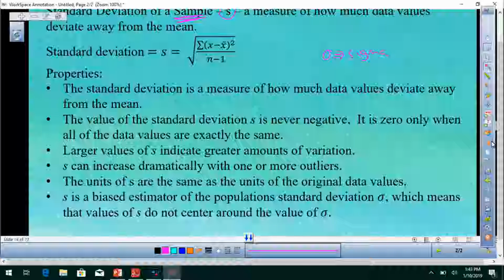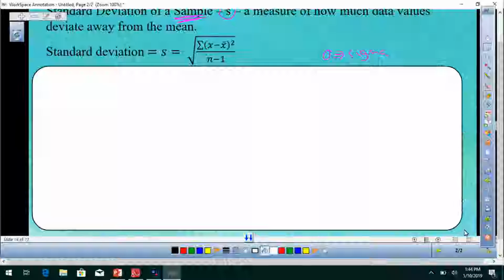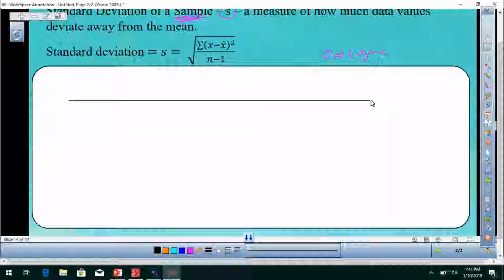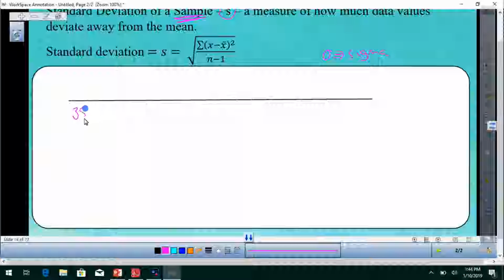I had some values just a minute ago, so I'll put some of those back up. Let me make a table. The values are 38.5, 55.6, 22.4, 14.1, and 23.1.